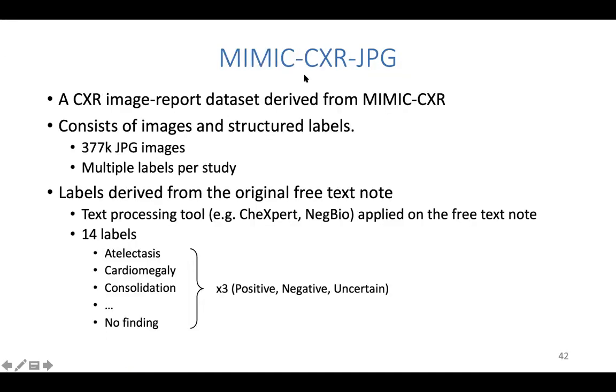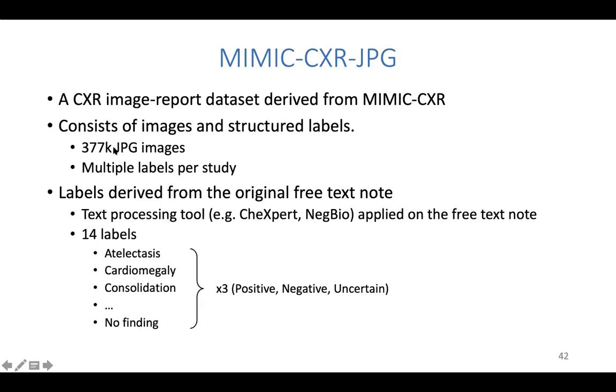So that is the original MIMIC-CXR, but there's also a derived data set called MIMIC-CXR-JPG. It's an image-report data set completely derived from MIMIC-CXR. So there's virtually nothing different between the two. As far as the number of images and number of reports are concerned, they're exactly the same. But this one consists of images and structured labels.